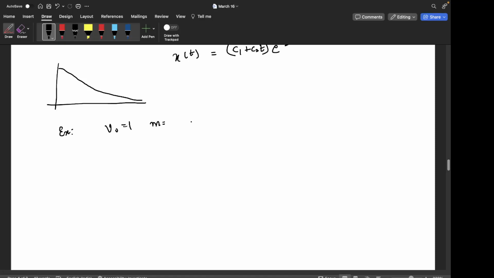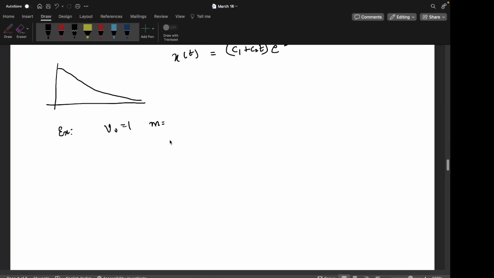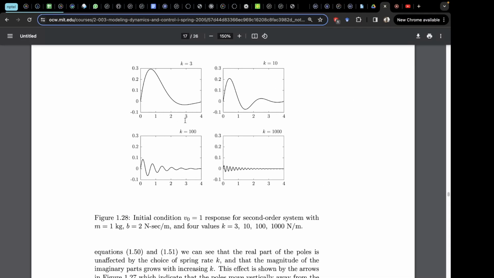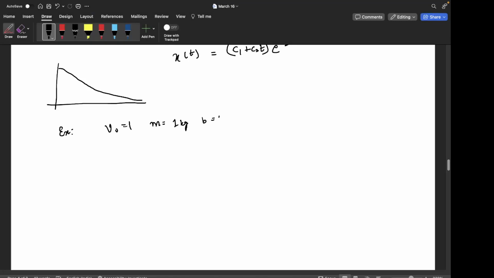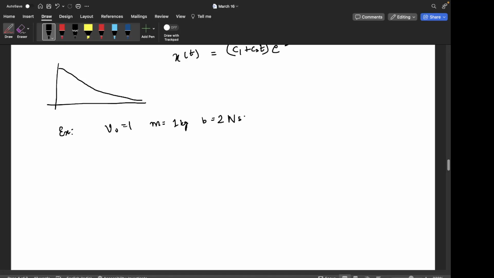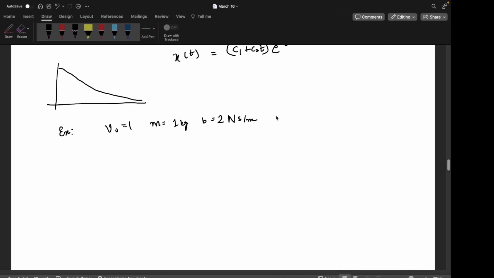We are not solving for the entire x of t, but we'll just calculate the damping ratios and convince ourselves more with these plots that the response that we are getting is as expected. And k is 3, 10, 100, 1000. Different values of k, in Newton per meter.